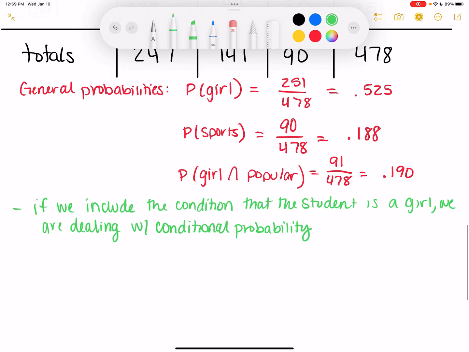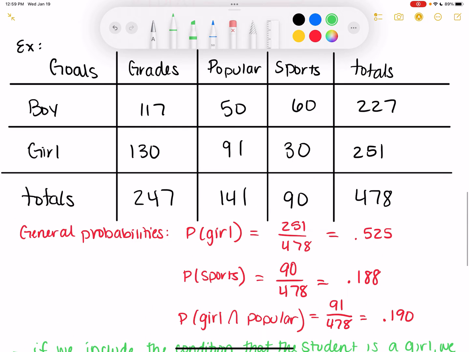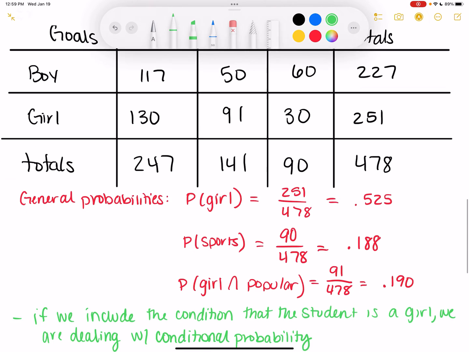So if you were to have something like the probability of sports given a girl, and these are things that they want to excel at, so when it says goals, they're wanting to excel at grades, being popular, sports, things like that.